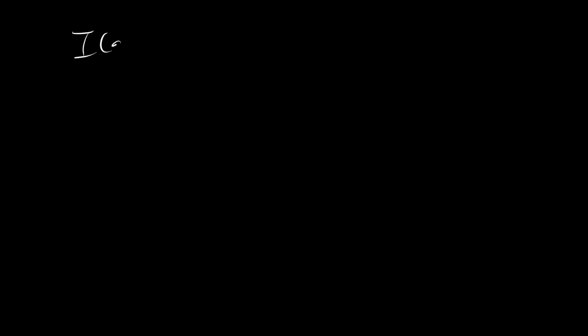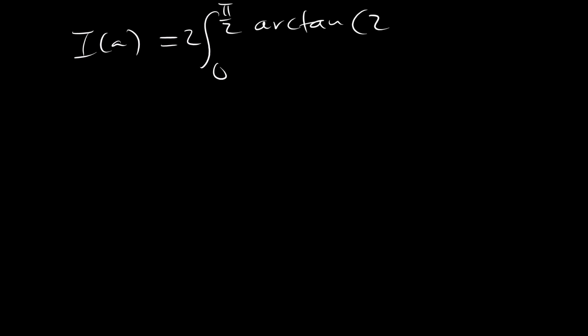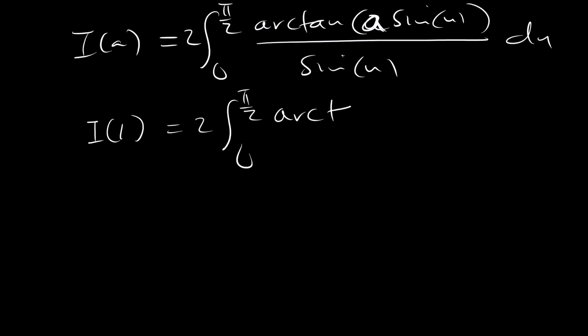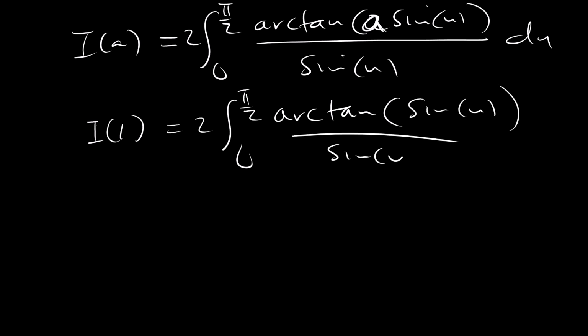Now, since we said I(a) is equal to twice the integral from 0 to pi over 2 of the arctangent of a sine u over sine u, we see that I(1) is equal to the integral that we are interested in. However, I(0) is equal to 0.